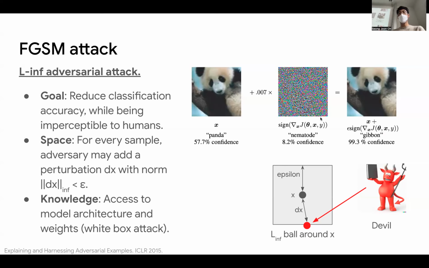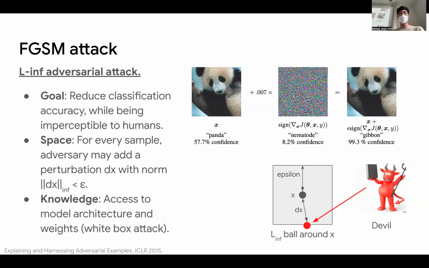Even if you add this to the original image, you don't see much difference. It still looks like a natural image. And yet, if you apply this change, your initial panda prediction will become a gibbon prediction with high confidence. This is a very iconic image from the Goodfellow paper.